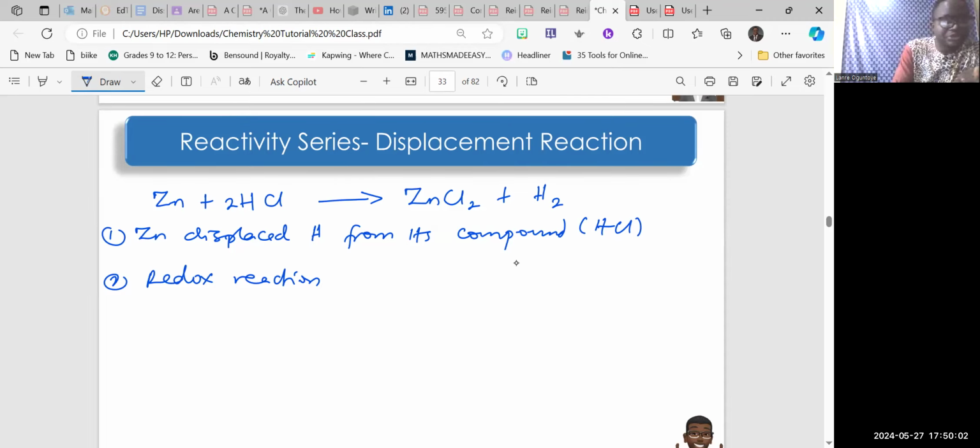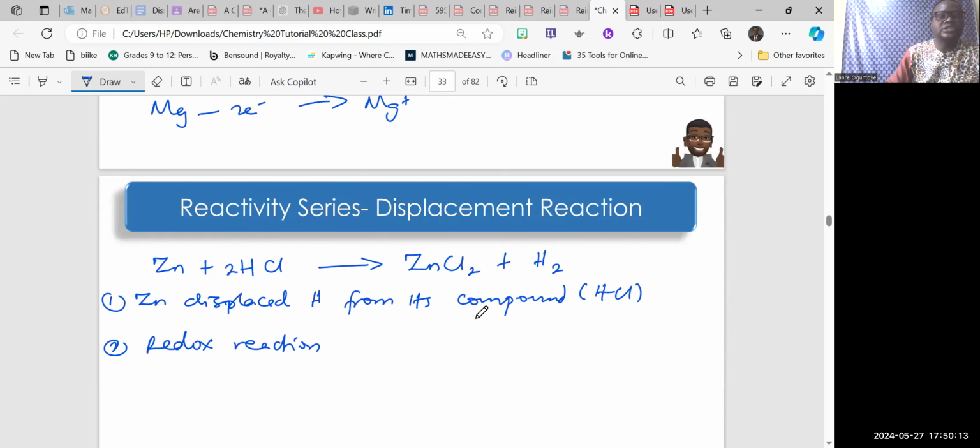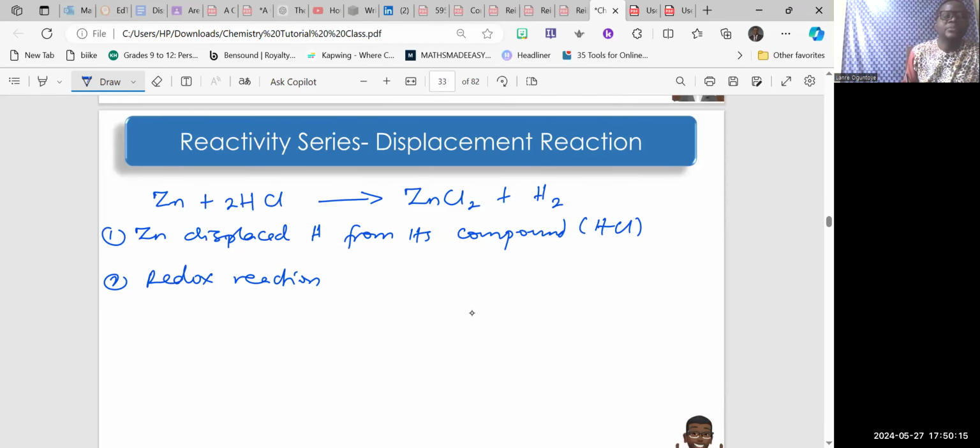Please focus on this, or you will do a lot of this. Zinc is the reducing agent, and hydrochloric acid is the oxidizing agent. Zinc is the reducing agent because it's oxidized.